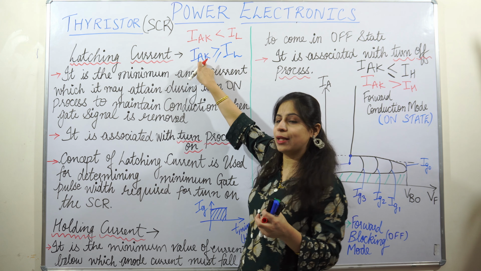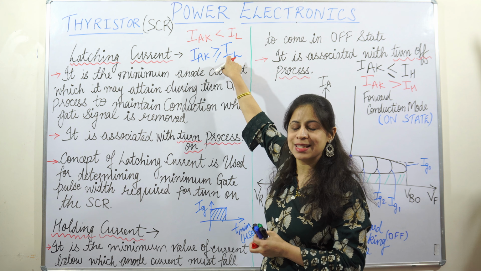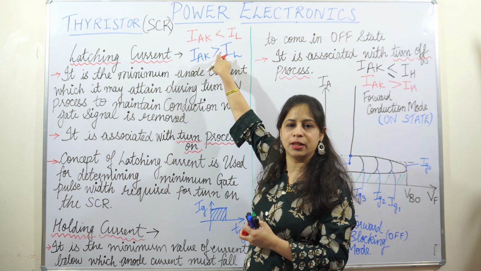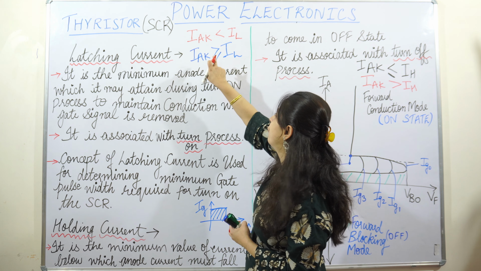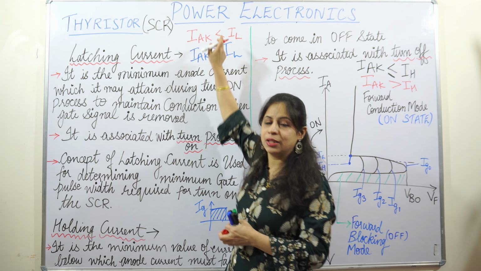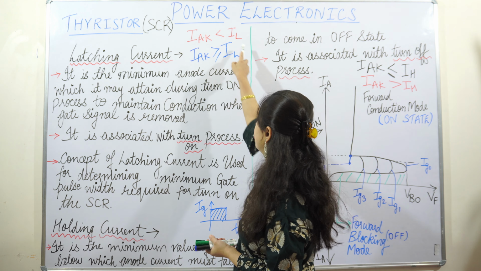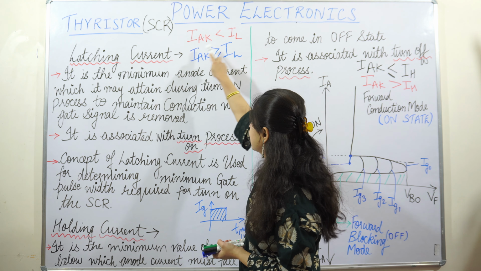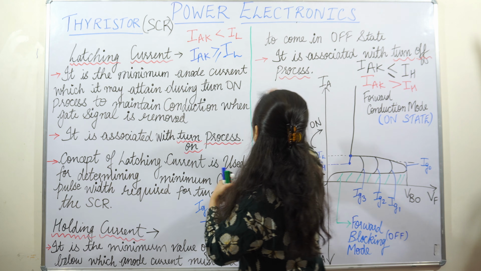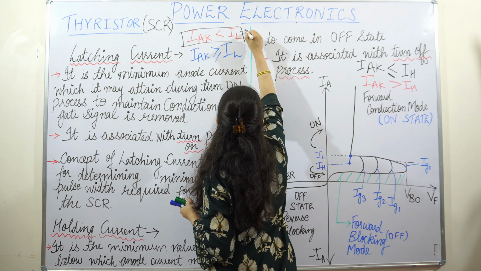When the anode to cathode current is greater than latching current, that means latching current is the minimum current to maintain the SCR in the on state. If the latching current becomes greater, then that condition cannot be determined. This condition is for the on state, but this condition cannot be determined. So we are going to write over here simply cannot be determined.